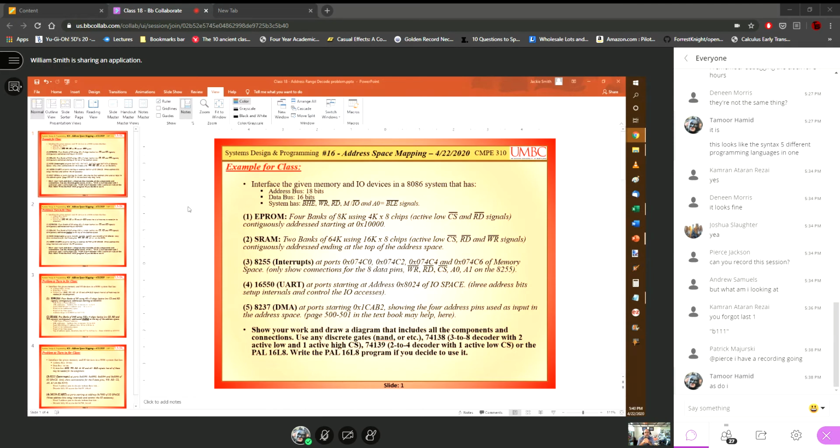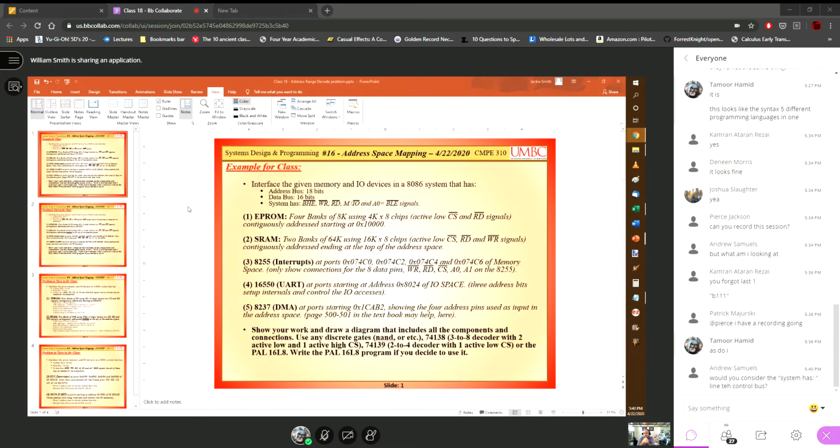There's a write active low, a read active low, and we're going to choose between mem or IO. As far as I can tell, would you consider the system has line the control bus? Not sure I answered that question here, sorry.